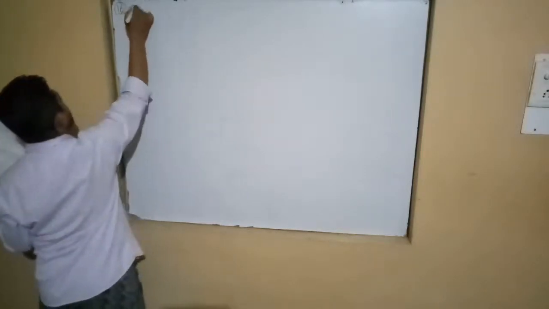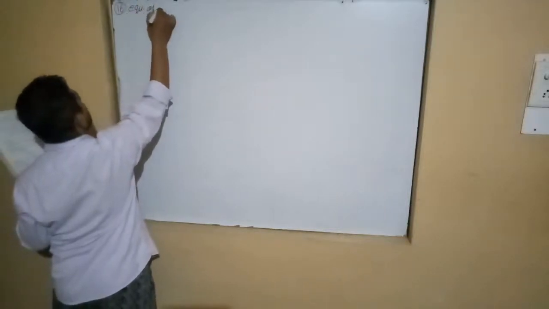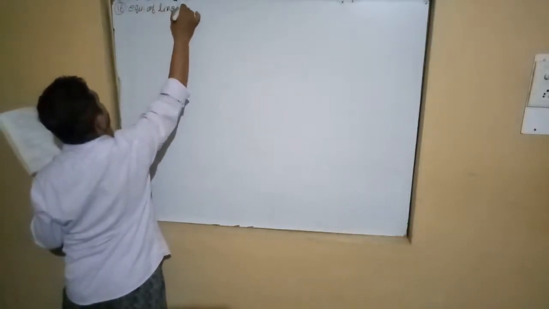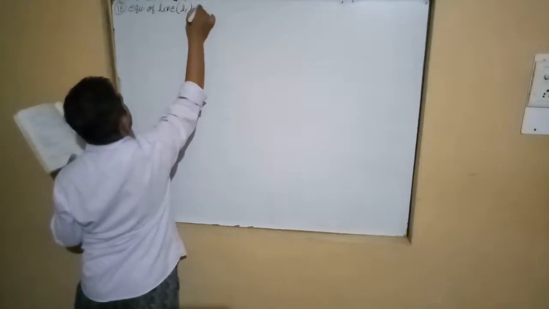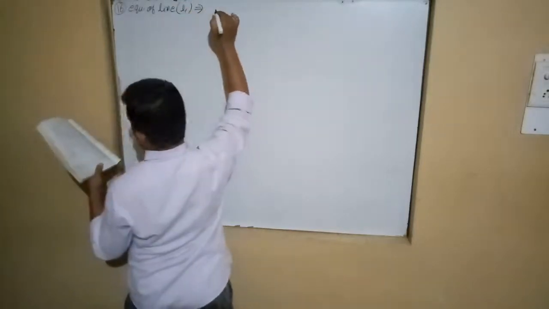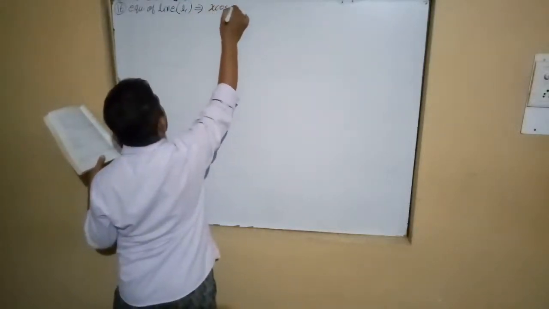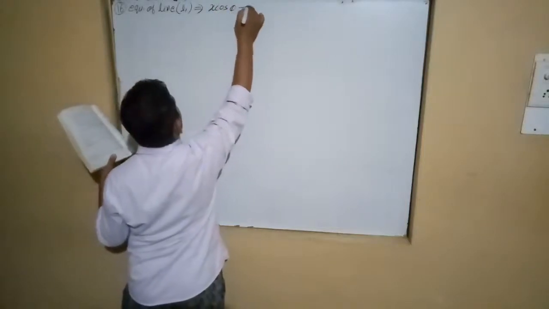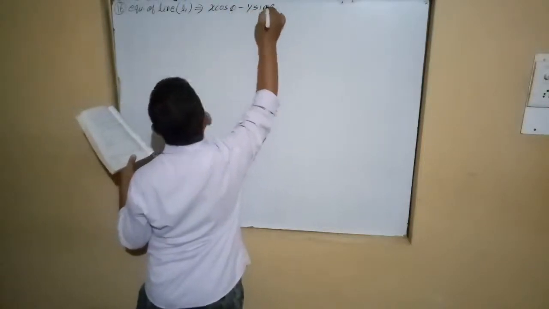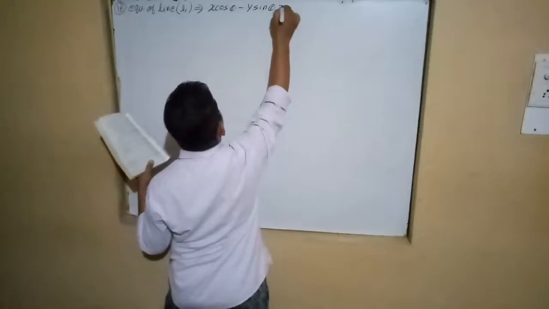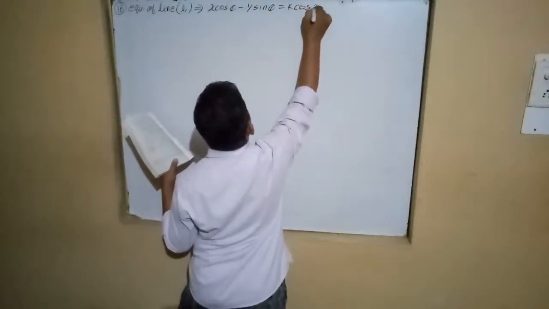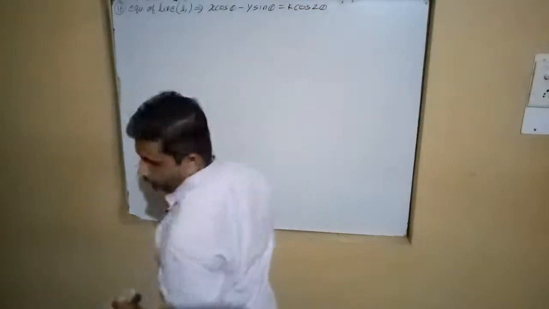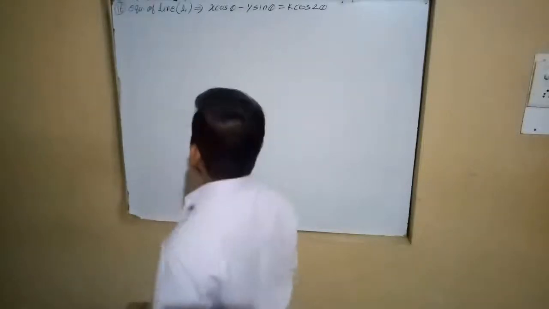So first we write the equation of line L1. What is the equation of line L1? x cos theta minus y sin theta is equal to k cos 2 theta. This is the normal form of the line.